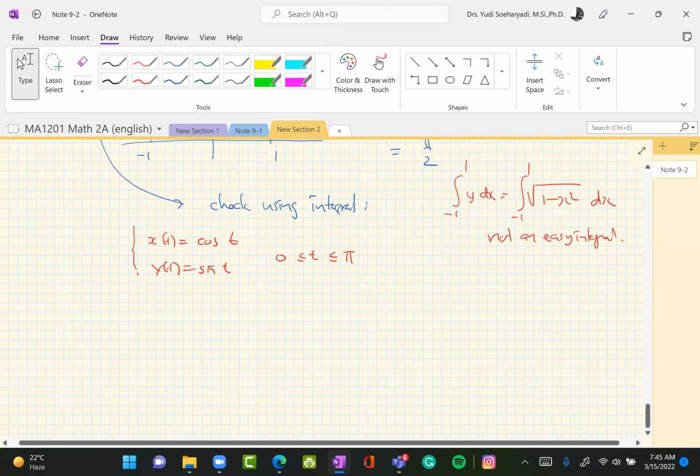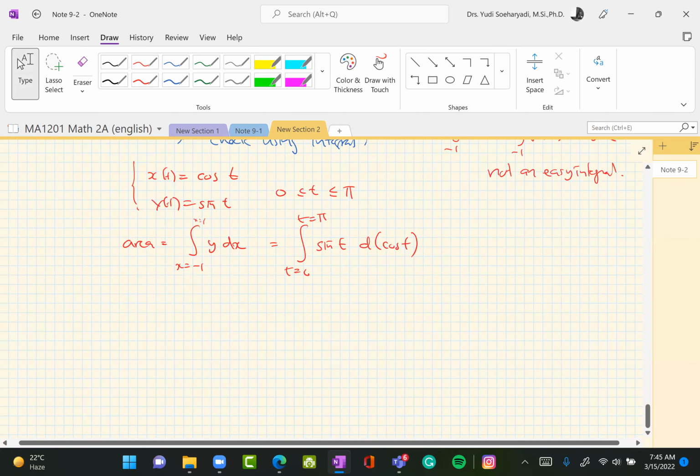Okay, so the area is the integral of y dx, x equals -1 to 1. But that's the same as now expressed in t. y is sine t, and dx is the derivative of cosine t, t from 0 to pi.